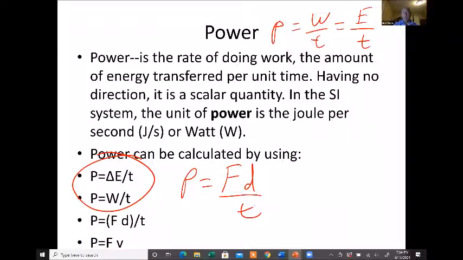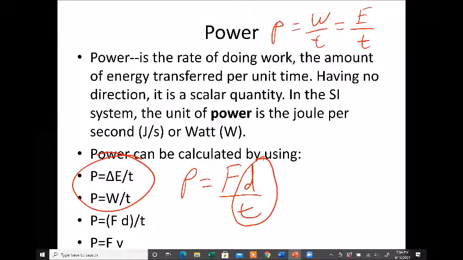And what I'm hoping that you guys remember is that distance over time, what is that equal to? What's distance over time? Velocity. Yeah, well, since it's distance, velocity is probably not the right word, but speed. Speed. So power can also be written as force times speed.